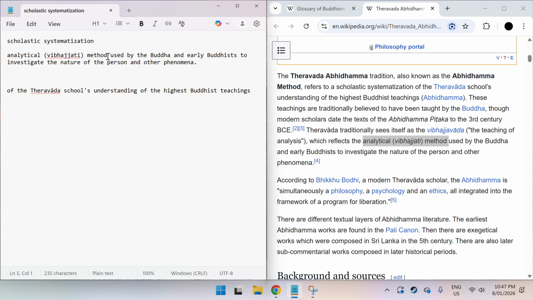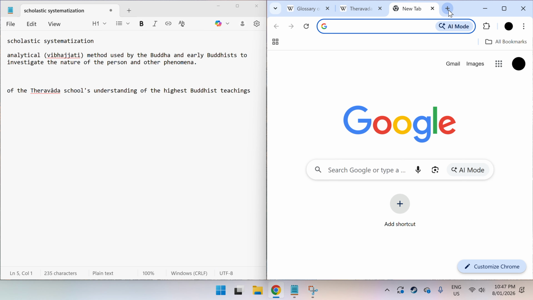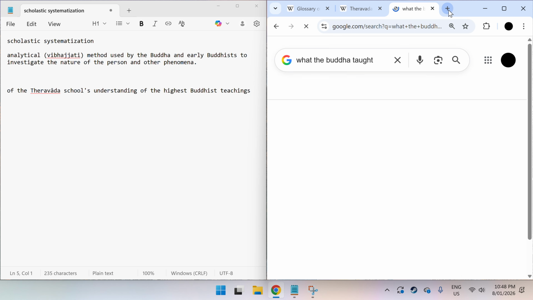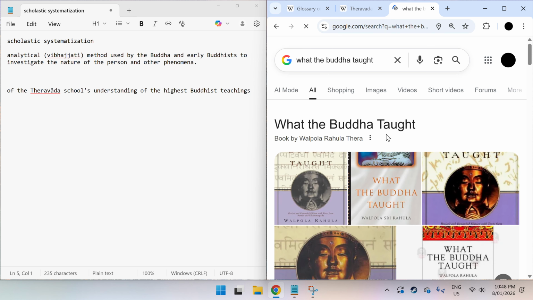And I was quite surprised reading some works by Theravādan scholars. I think Rahula, Walpola Rahula, is that how you pronounce his name? There's this book, What the Buddha Taught, by Walpola Rahula Thera.